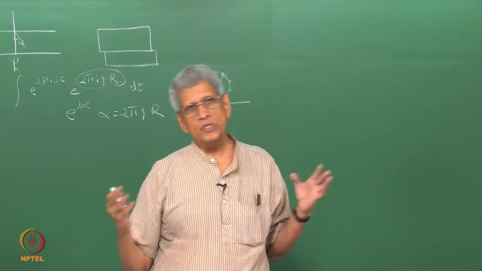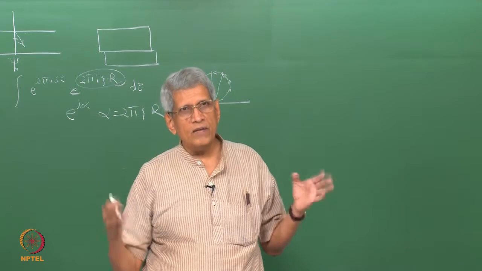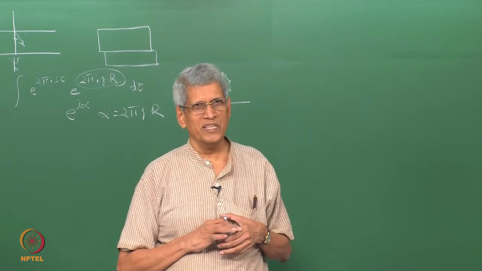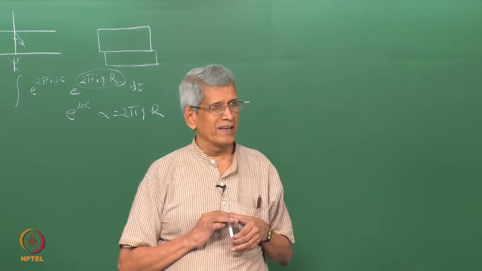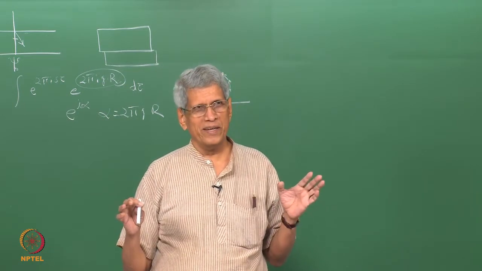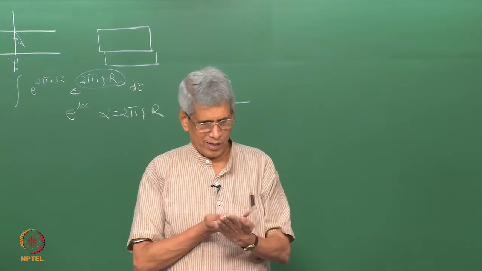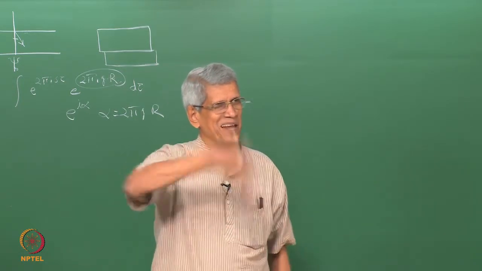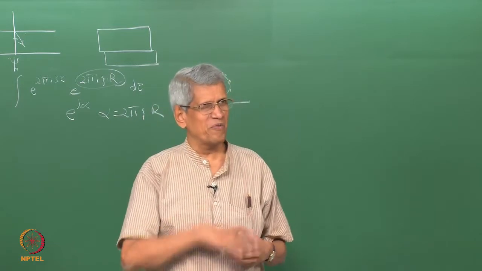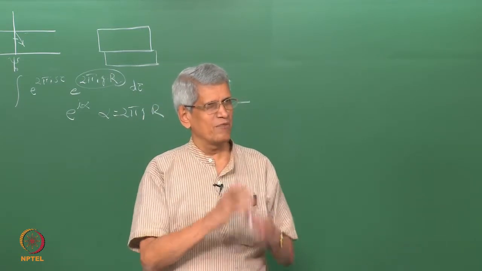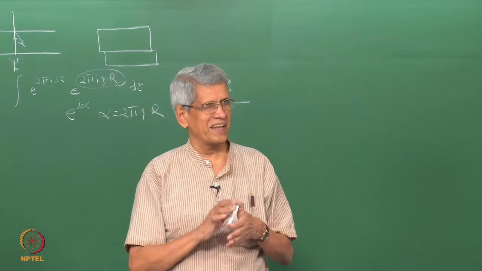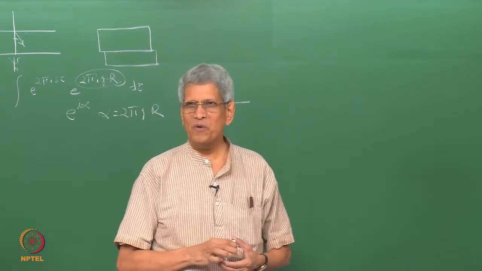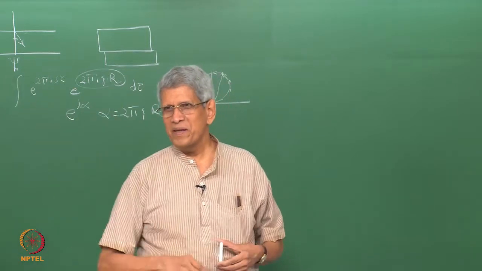This Moiré fringe can be seen easily with our eye. I don't know whether you have noticed Moiré fringes. The simplest thing you can take is grids, na? Even on the roadside, the jali for the window, you put the grids, na? A very fine mesh is there. If two meshes of different sizes are there and you keep one on top of the other and look at it, you will find fringes.